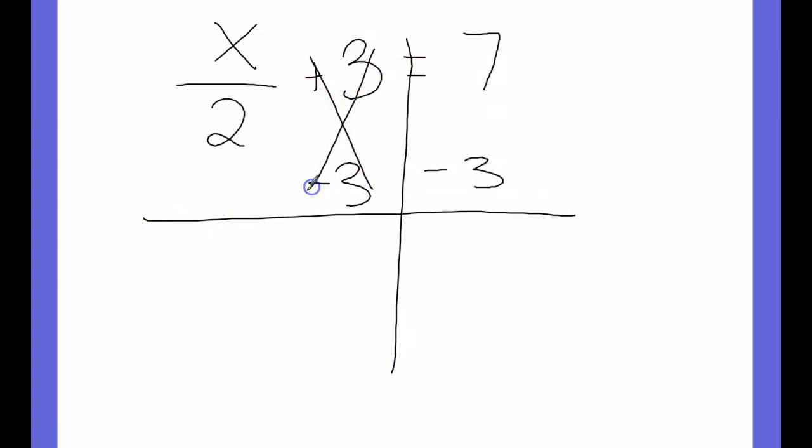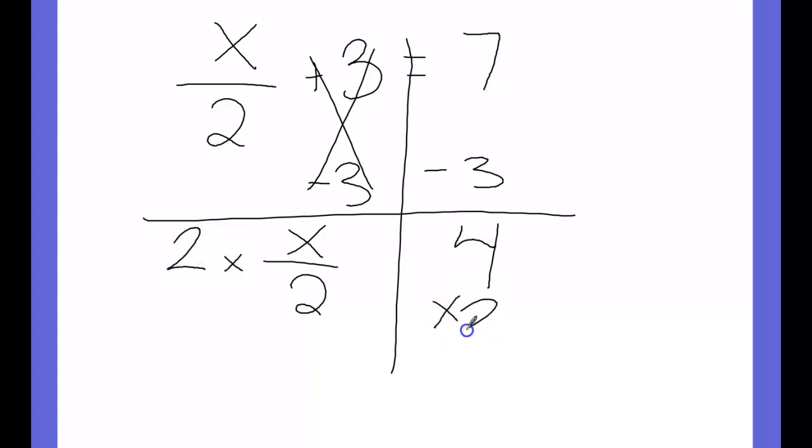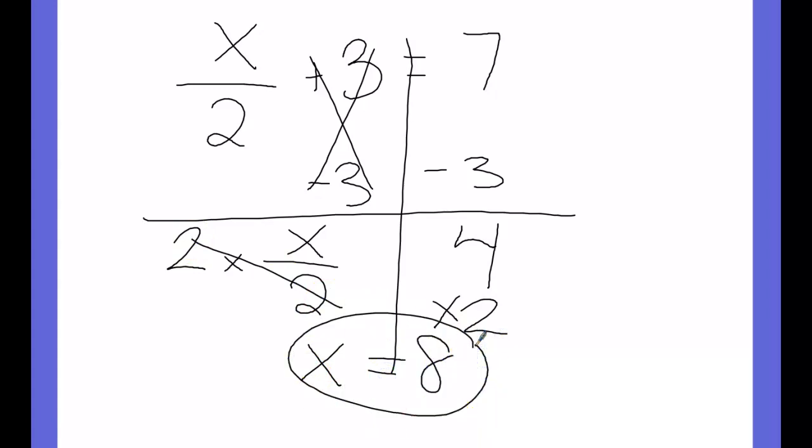Okay, 0 pair here. I'd get what on this side? 4. And then I'd still have this x over 2. What does that mean? It means division. So the opposite is, so we'd multiply by 2. X equals what? X equals 8. Yep. And then you'd be done.